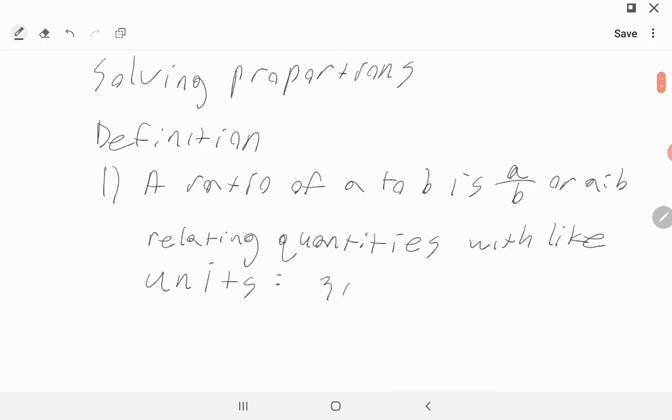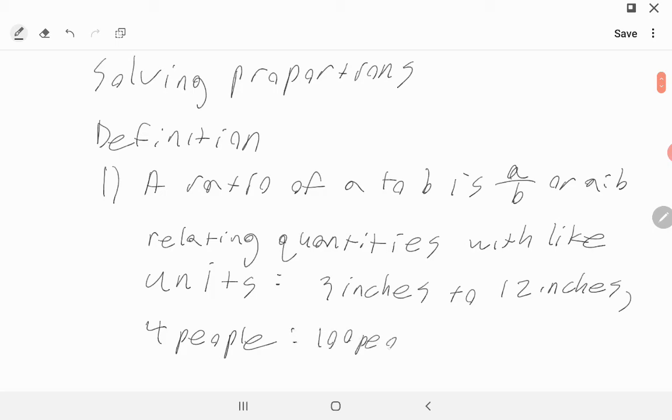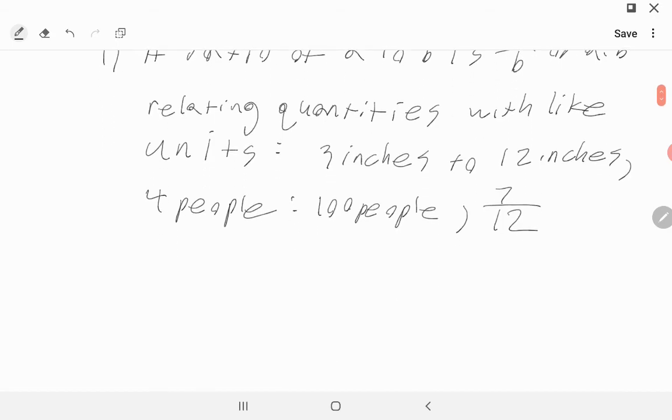So things like 3 inches to 12 inches, 4 people to 100 people, or just generic 7 over 12. We have to be a little bit careful when we use that fraction, 7 divided by 12.